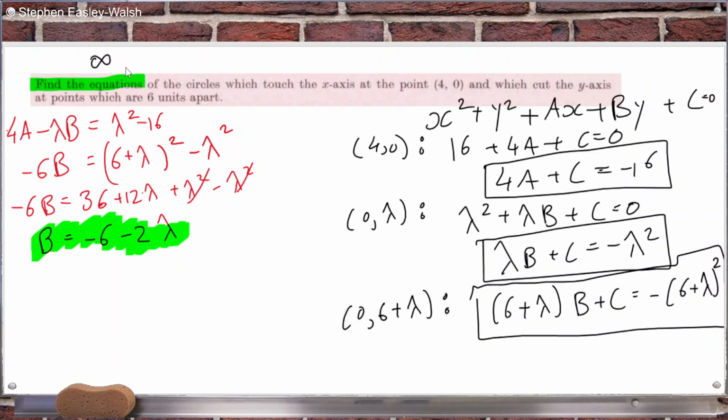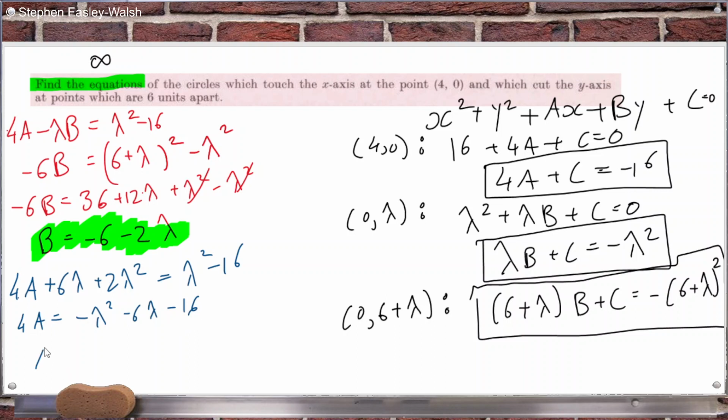Now I get next the a. So 4a minus lambda b equals lambda squared minus 16. That means 4a equals minus lambda squared minus 6 lambda minus 16. So that means a is minus lambda squared minus 6 lambda minus 16, over 4.